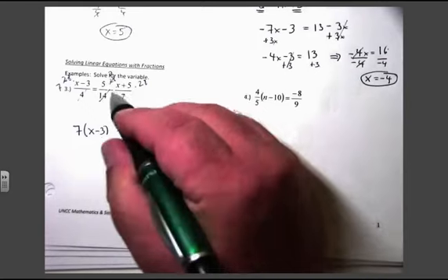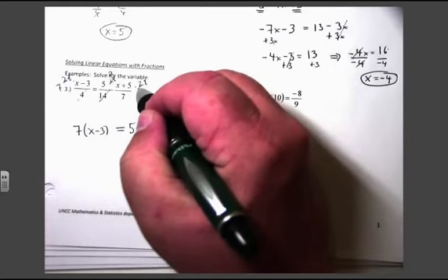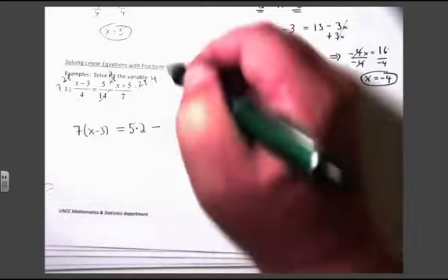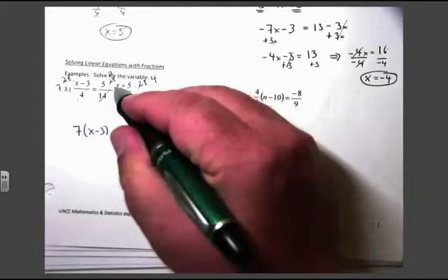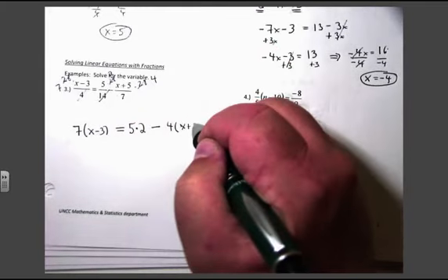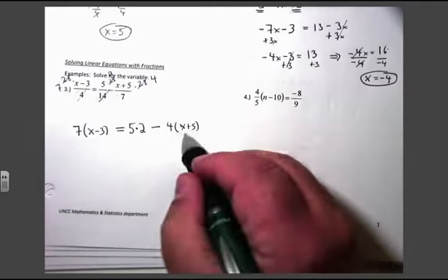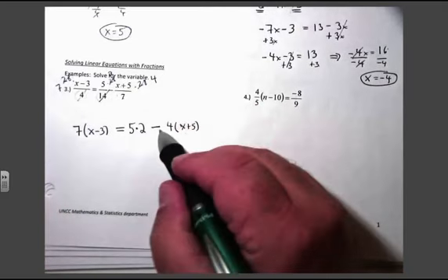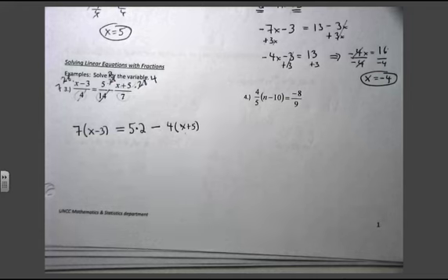Minus, keep your sign there, 7 goes into 28 how many times? 4 times. And you're still left with that numerator, x plus 5. Notice I always put parentheses around the numerators, and that sign stays out front. So now, get rid of your denominators, and back to getting rid of your parentheses.